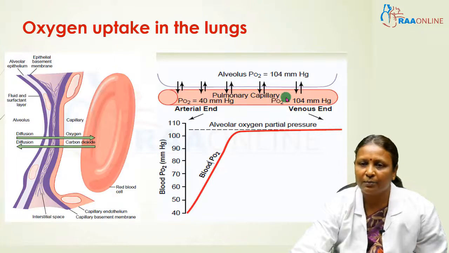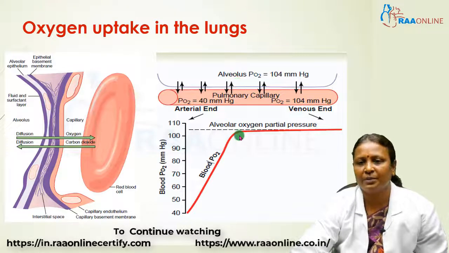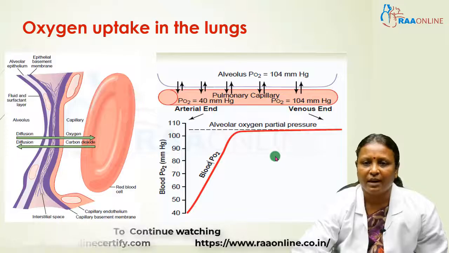As it flows through the pulmonary capillary, it is getting oxygenated. You can see by the time the blood flows one-third the distance of the pulmonary capillaries, maximum oxygenation has occurred. This is a very important safety factor in the lung.